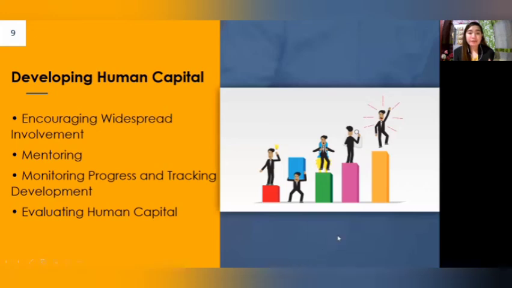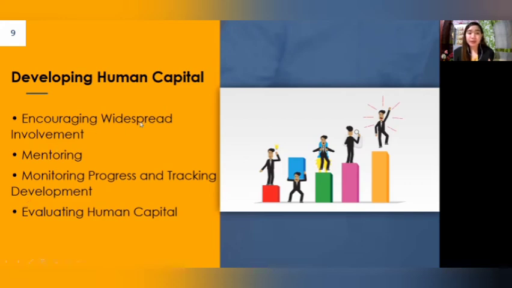In order to develop their human resources, they need to conduct seminars and trainings so that their human capital retains the knowledge they gained from their past years.